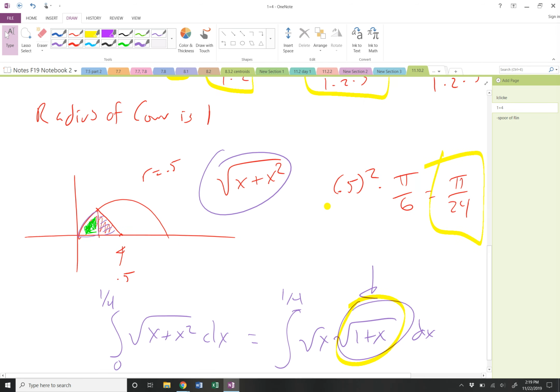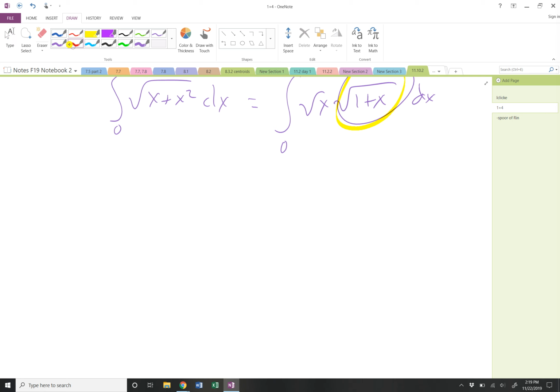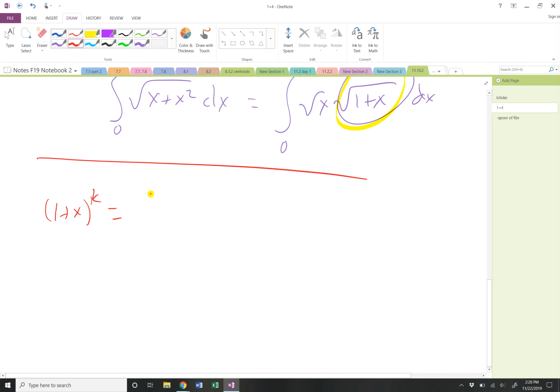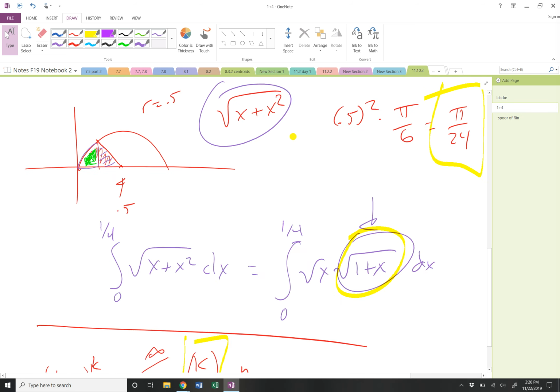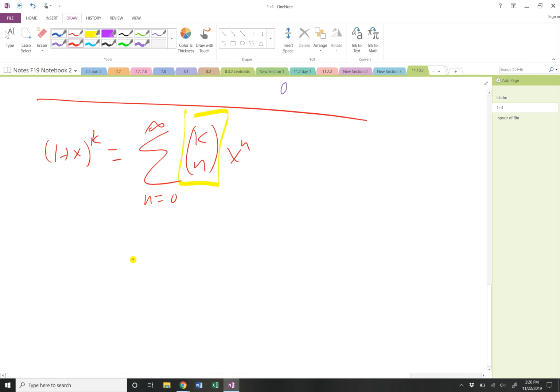You can write down the binomial series: 1 plus x to any power k equals the sum of k choose n, n equals 0 to infinity, x to the n. So now you can write it down in a really slick way if you understand what that notation is. And these coefficients, let me just write it out down here.